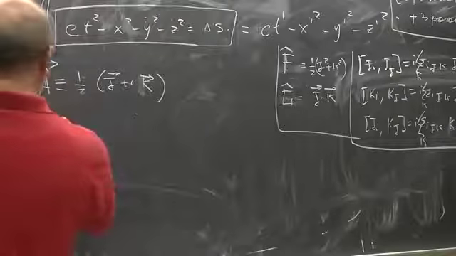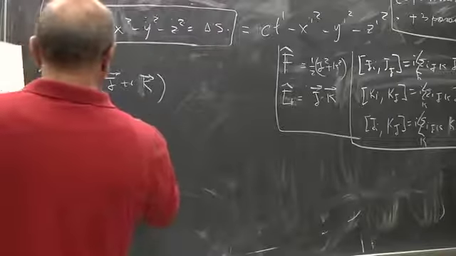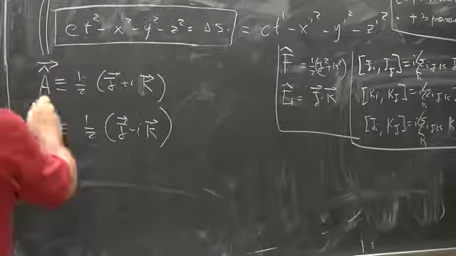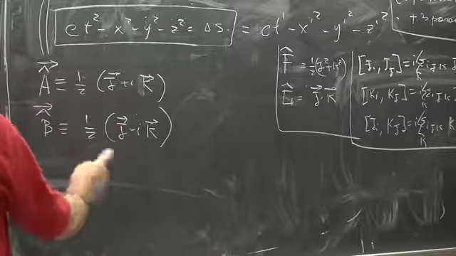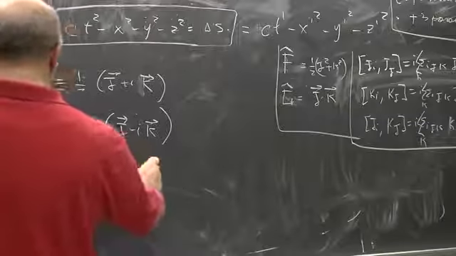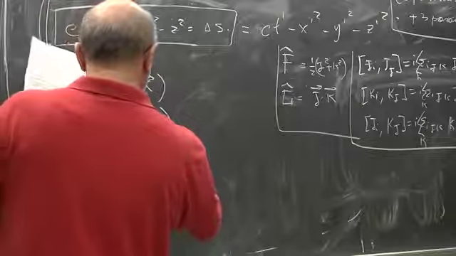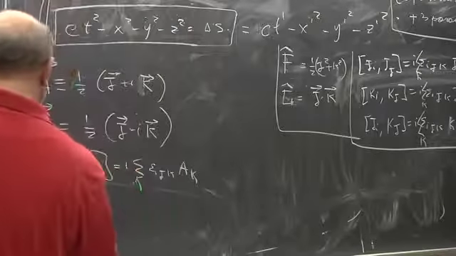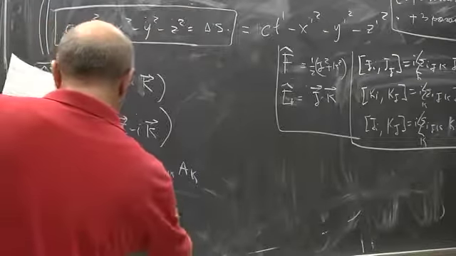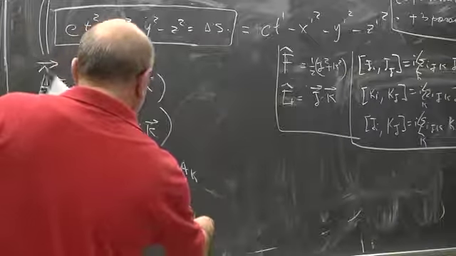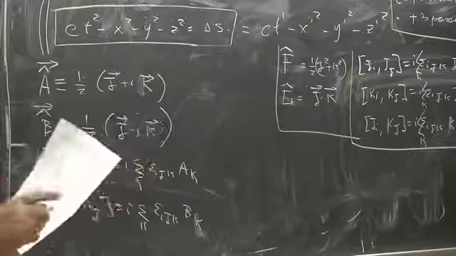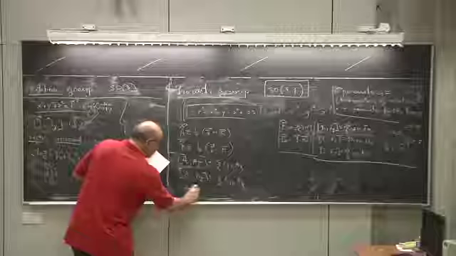If you build A and B as 1/2 (j minus i k), then, surprise, these operators, 3 and 3, defined in this manner, have [A_i, A_j] = i sum over k epsilon_ijk A_k, and [B_i, B_j] = i sum over k epsilon_ijk B_k. Epsilon_ijk is the totally antisymmetric tensor. And A_i and B_j commute.